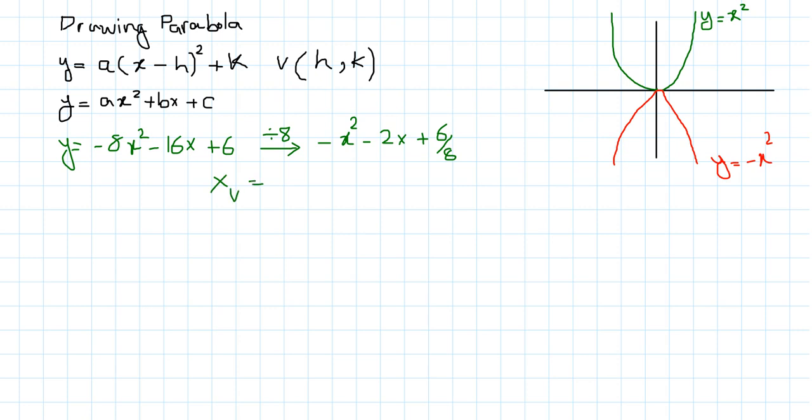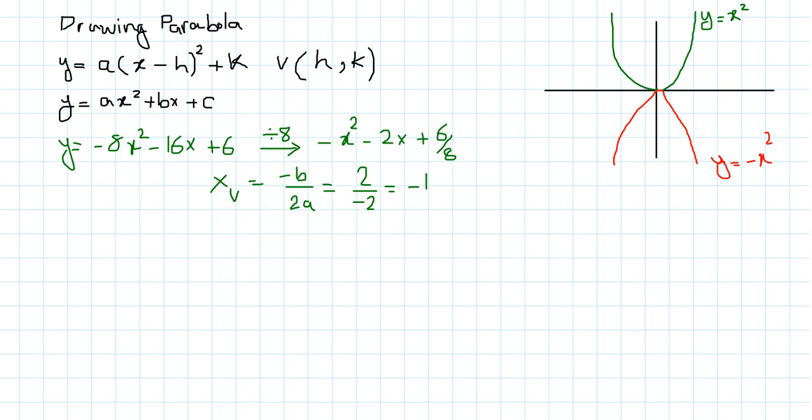Now I easily find the x of the vertex. It will be minus b over 2a. Minus b here is 2 over 2a. 2a here is minus 2. It will be minus 1.